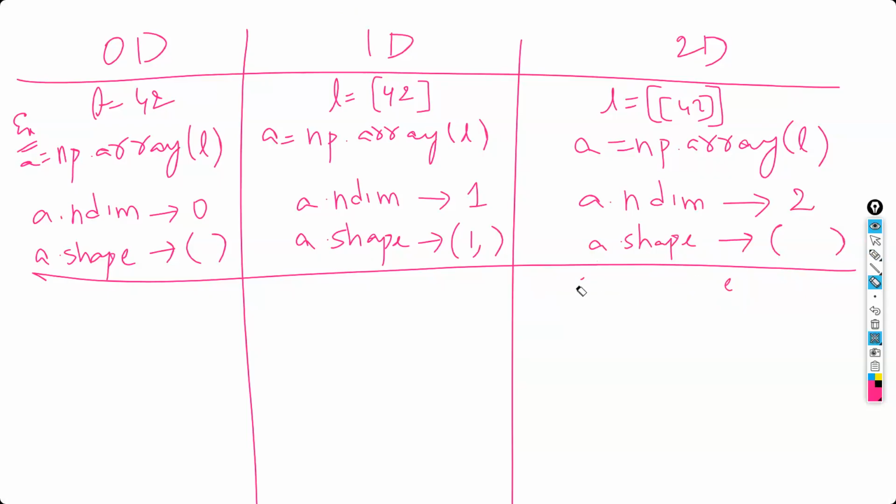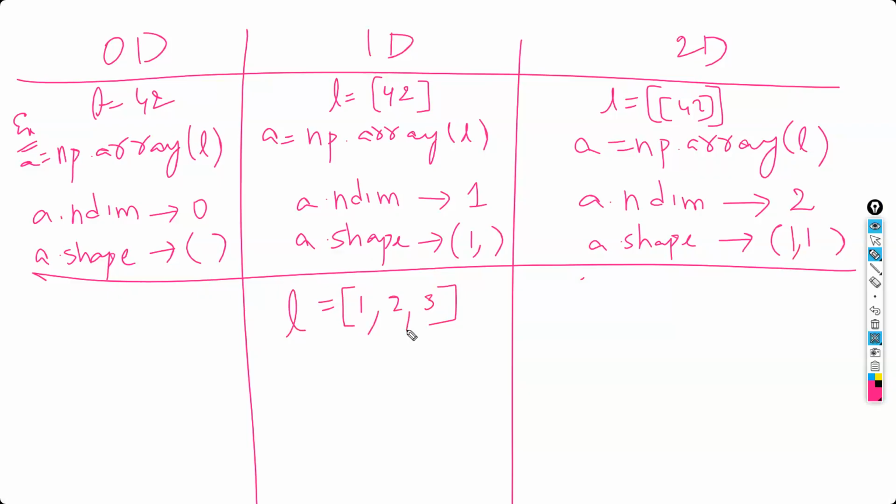Now, what does the shape mean? One row, one column, 1 comma 1. Now, to understand it in simple words, one more example. L is equal to the list of 1, 2, 3.